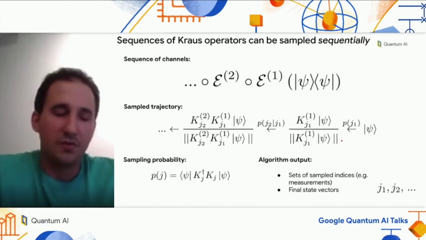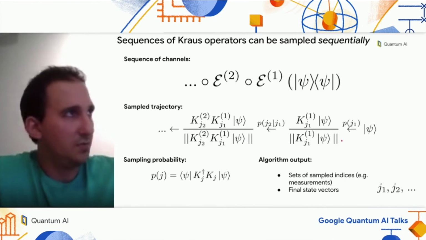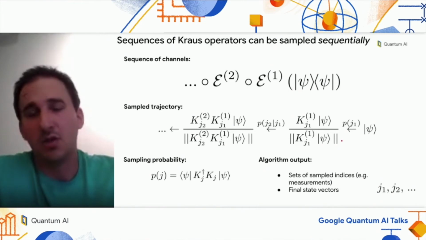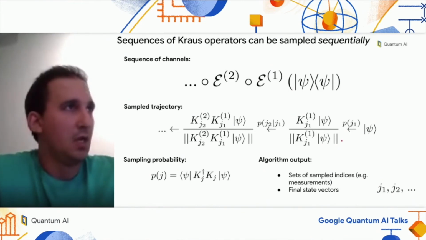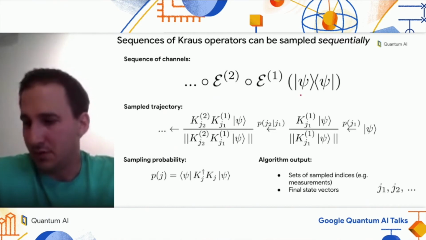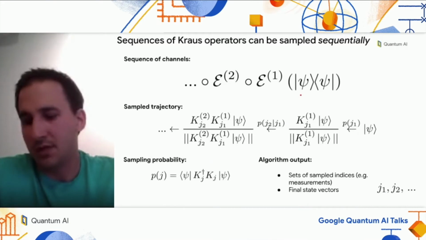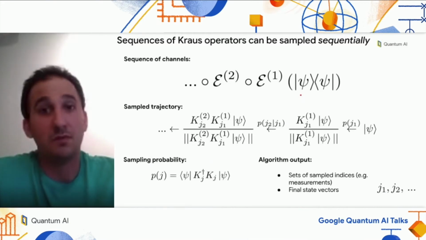Okay, so now we've shown you how we represent the noisy evolution of the system. How do we actually do a simulation of that representation? As I mentioned, typically with quantum channels, we represent them as acting on density matrices, but this will quickly make a quantum simulation prohibitively expensive.